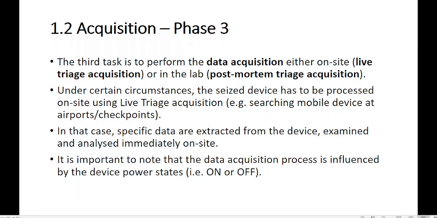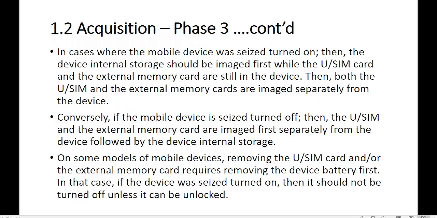Even live triage you can do if it's off, based on the internal memory that the phone is using. If it's using static memory, sometimes you can retrieve volatile data. But if you stay for a long time when the phone is off, then you'll have to do a post-mortem, right? So this is, I think I've already discussed this.